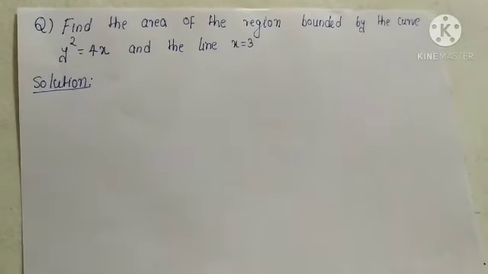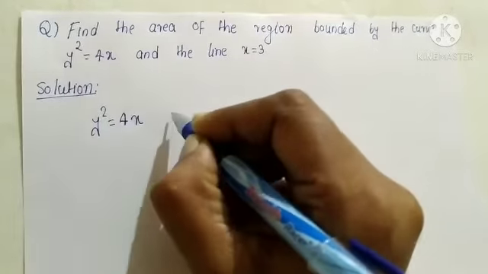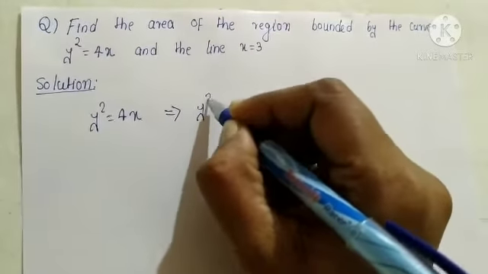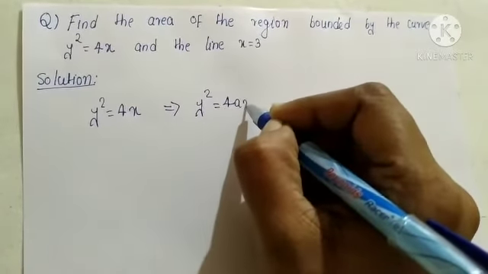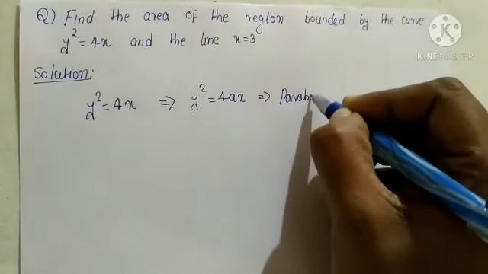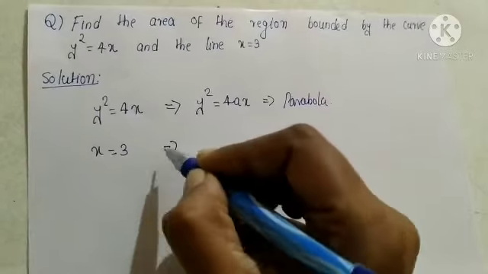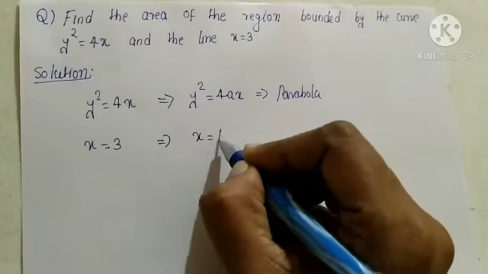Given that two curves, first curve is y square equal to 4x. This is same as that of y square equal to 4ax. So this is the equation of a parabola, and x equal to 3, which is x equal to a constant.